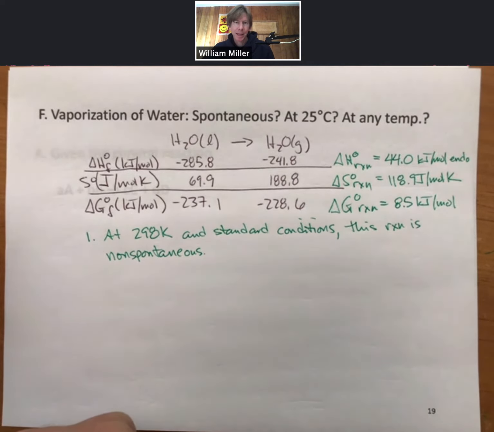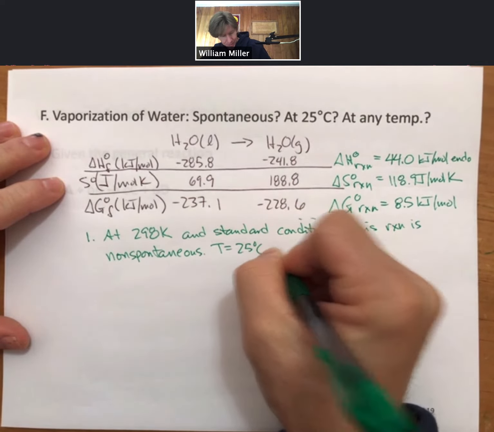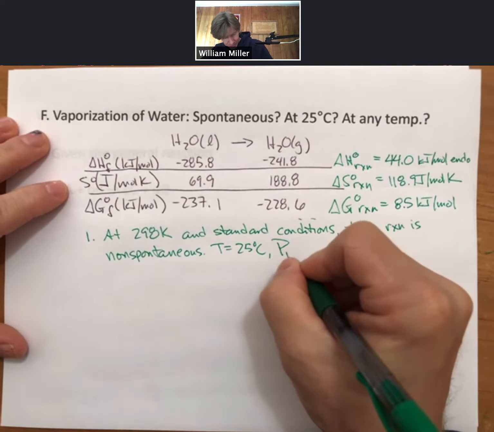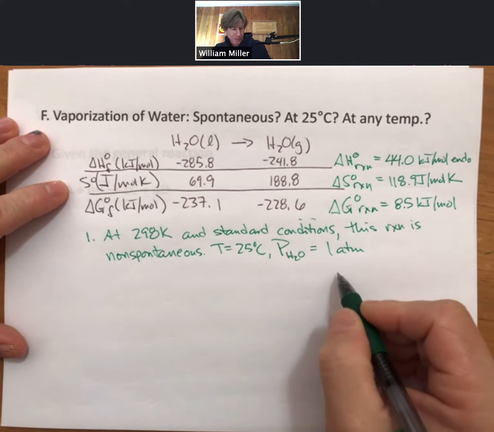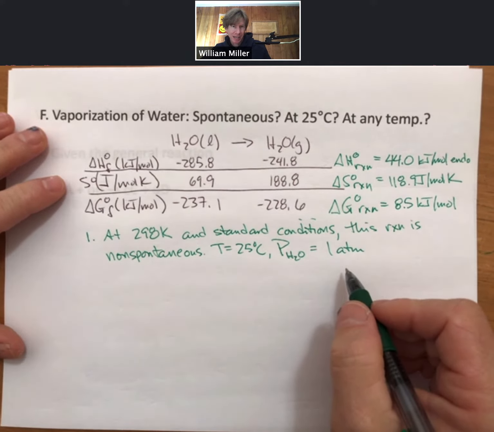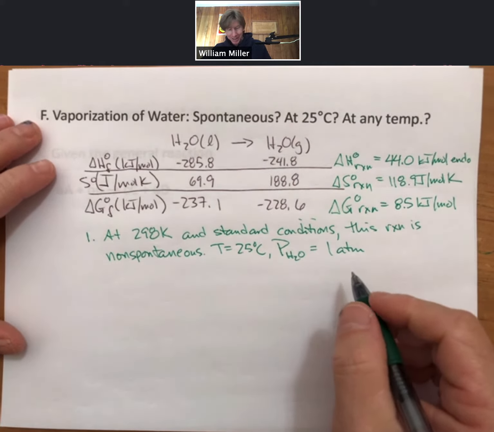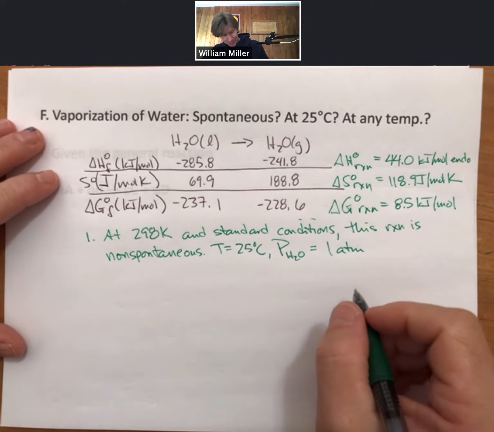And what that means is that at T equals 25 degrees Celsius, partial pressure of H2O equals 1 atmosphere, this reaction is non-spontaneous. Okay, and you may have questions about this, but let's keep going.